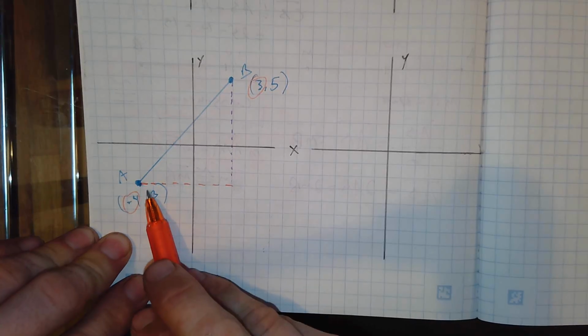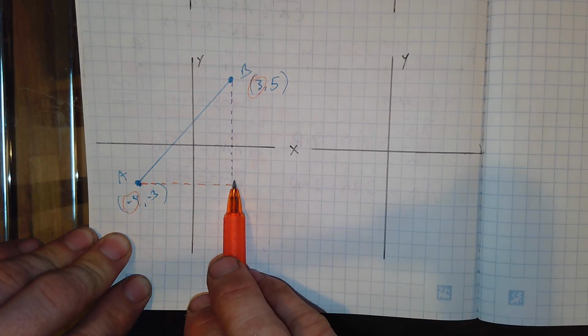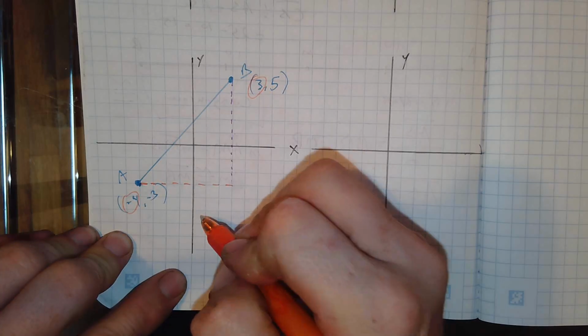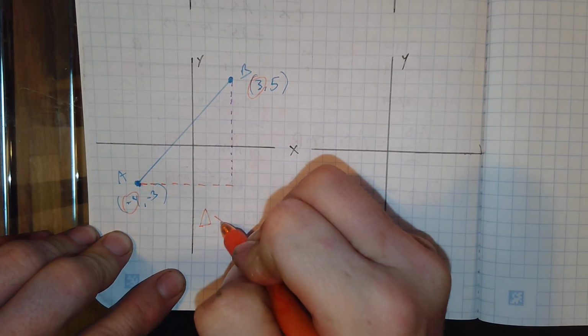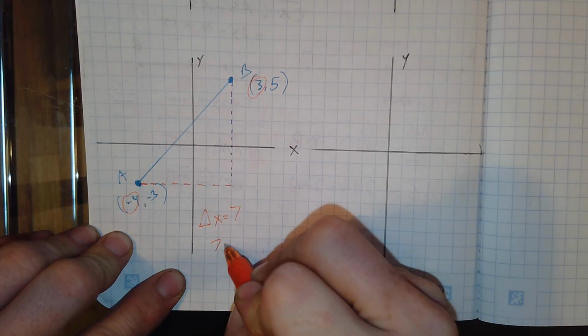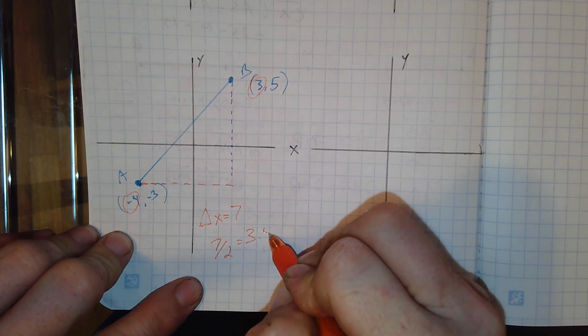If I look at x's, it goes 4 this way and 3 this way, and 4 minus -3 is going to be 7. So my change in x here is 7, right? And 7 divided by 2 equals 3.5.